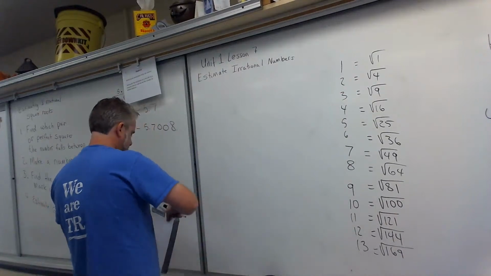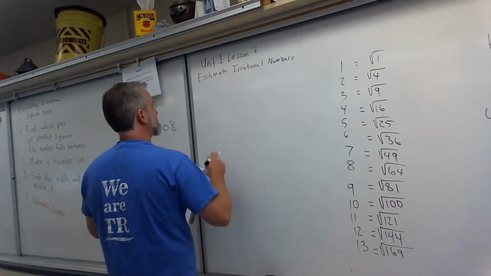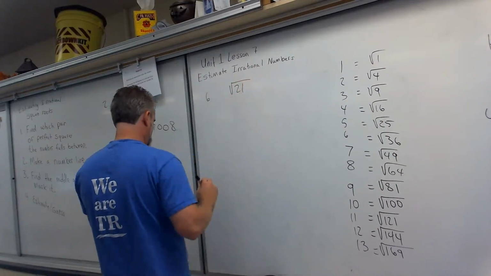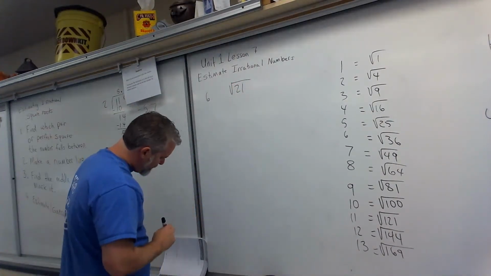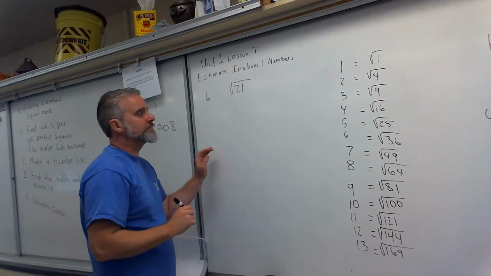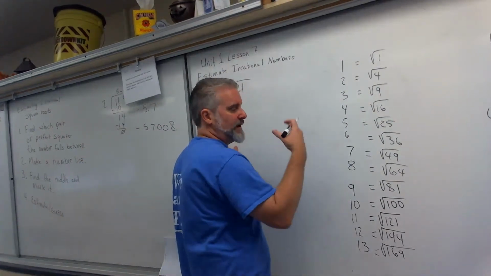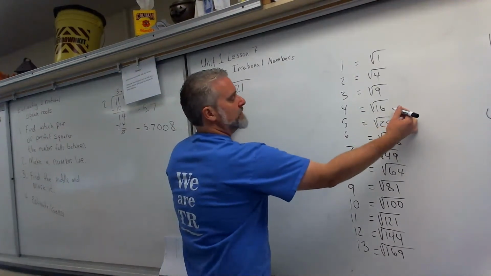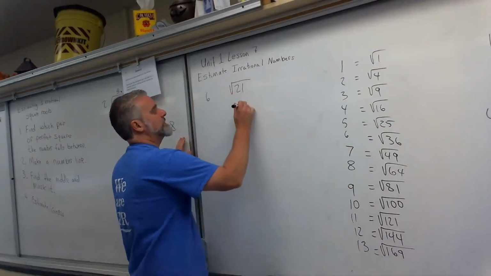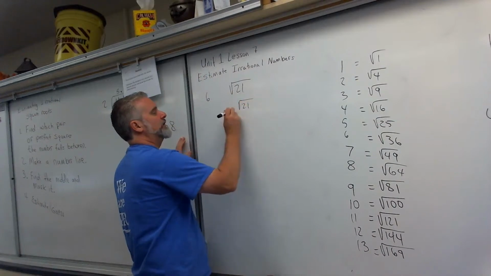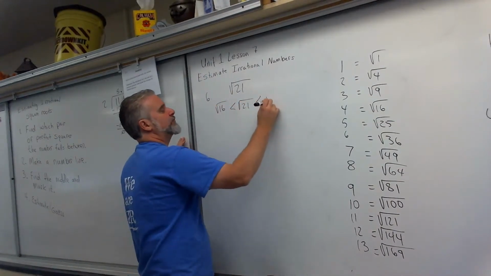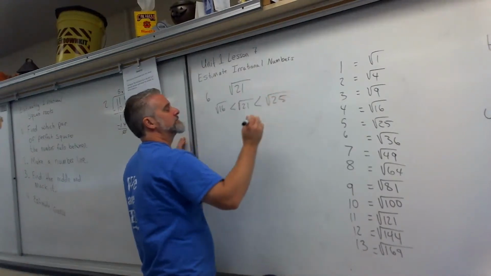Last one. Square root of 21. It feels refreshing compared to the square root of 385. So we're going to go right in between the 16 and the 25. So rewriting it, square root of 21 is greater than square root of 16, less than square root of 25.